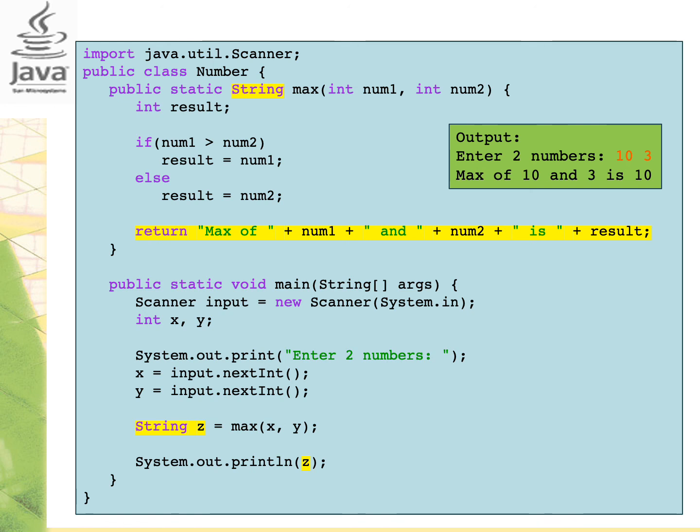At the main method, I have String z, and at the last print line, I display the value of z, which is the sentence that is passed from the max method. When I run this code, we get the exact output as before, even though the code is slightly different. So from here, you can see that there are various ways you can have the same output by using different return types and return values.